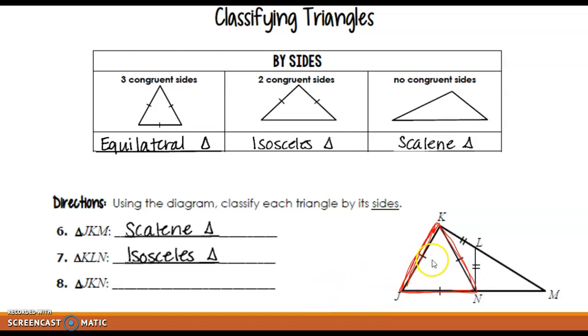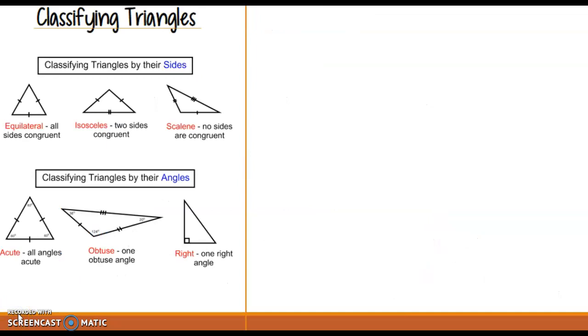If we look at this, all three sides have one tick mark on them. That means all three sides are congruent, and that means it's an equilateral triangle. Well, it's also an equal angular triangle, but right now we're classifying by the sides, so it's equilateral.